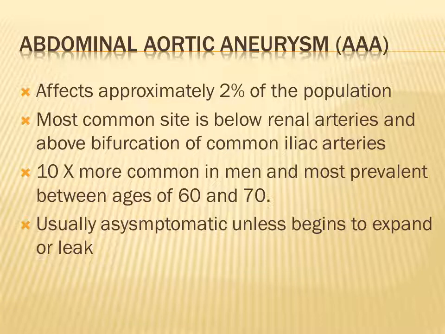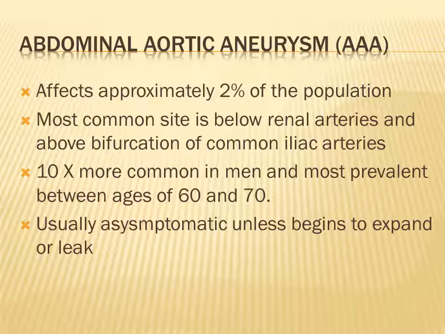Abdominal aortic aneurysm is one I talked about a lot in class. It affects approximately 2% of the population. Most commonly, the site that it occurs at is below the renal arteries or above the point where the iliac arteries bifurcate.